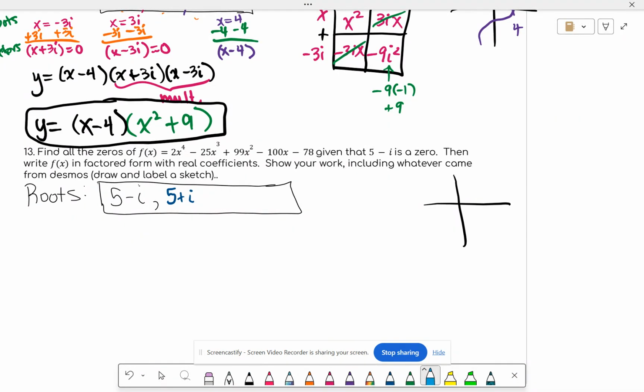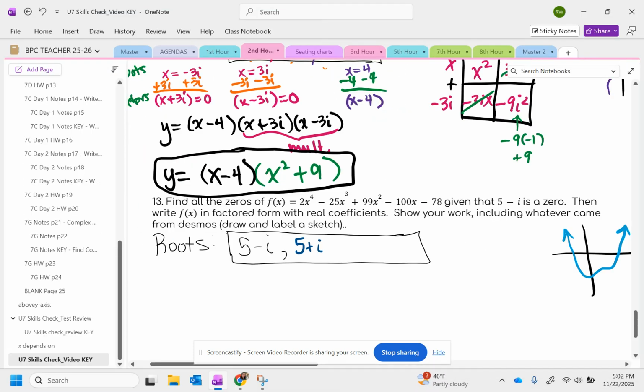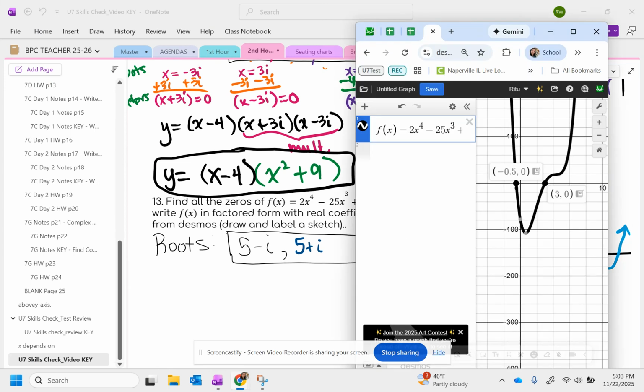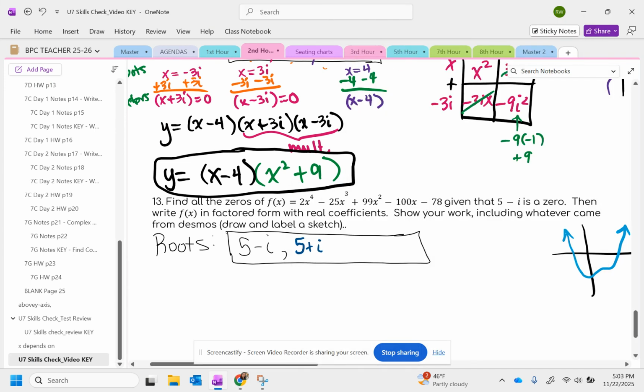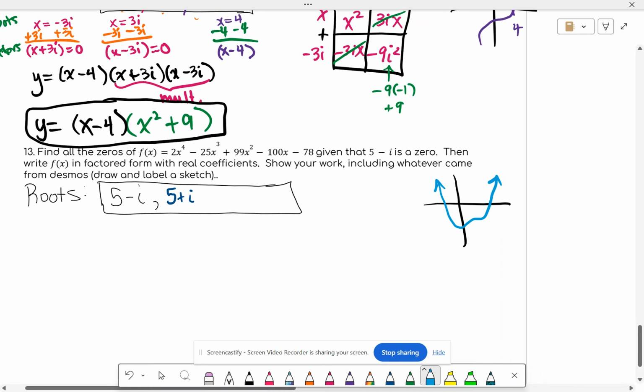And so I know that it goes through -1/2 and 3. And so those are my extra roots here, my real roots, I should say.